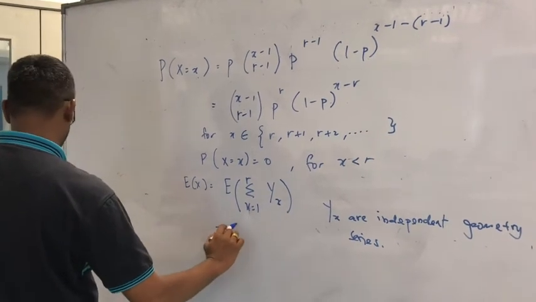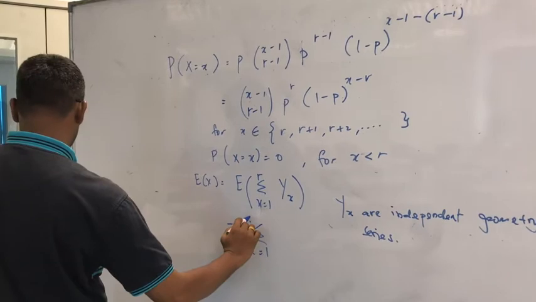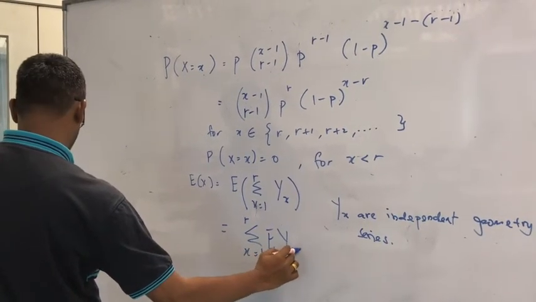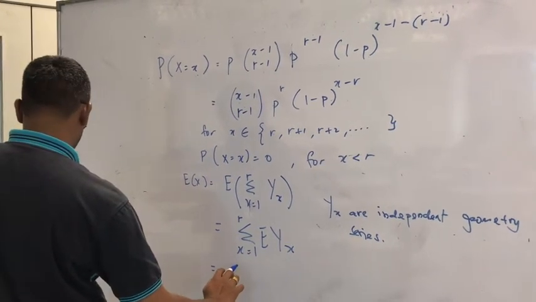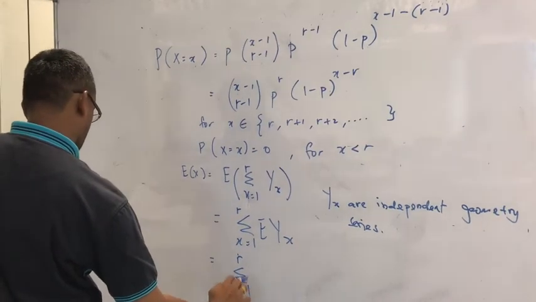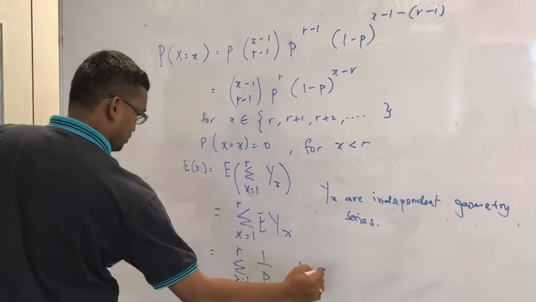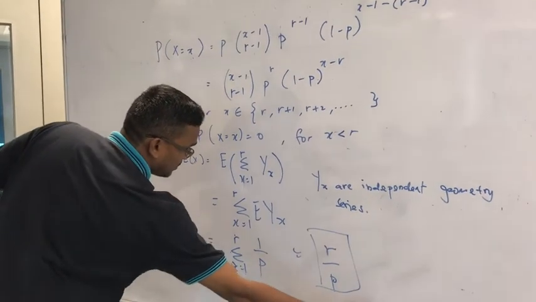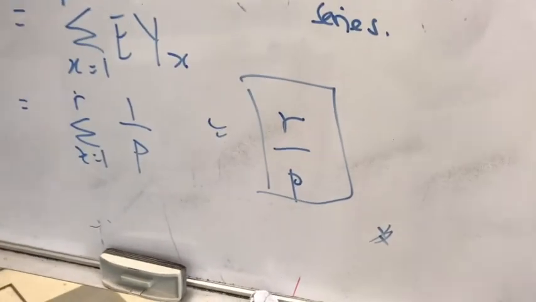So we have the summation from i equals 1 to r of E(Y_i). Now when we sum up all, we get 1 over p, which is r over p. So this is our expected value for negative binomial random variables.